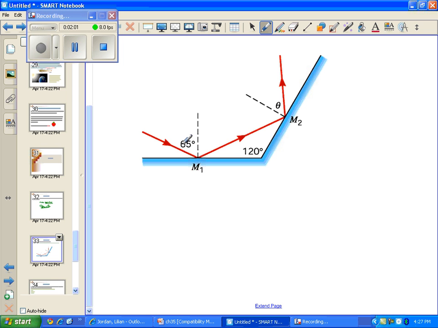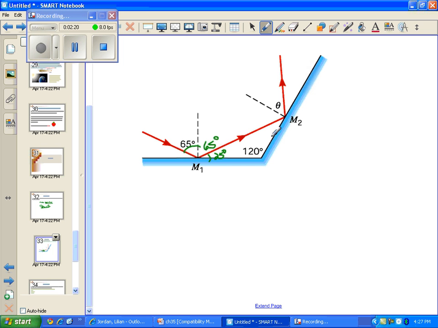But since that isn't the case, we go ahead using the law of reflection. This is our theta 1, so we know this angle is 65 degrees. And because this is 90 degrees, then it must be that this angle is 25 degrees.